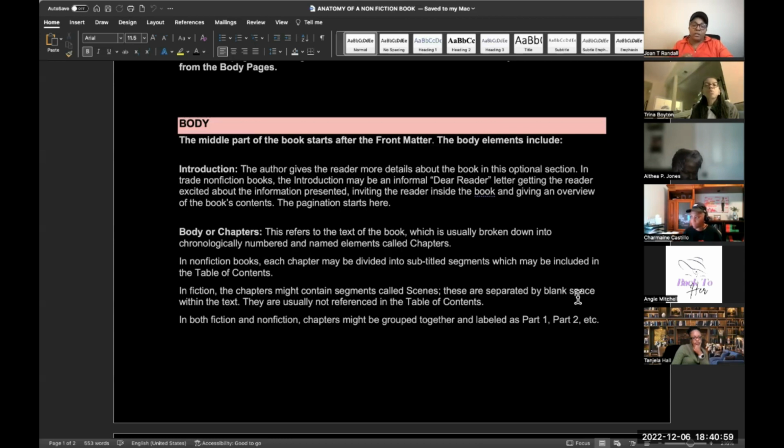In both fiction and nonfiction, chapters might be grouped together and labeled as part 1 and part 2. And that's what we did with The Image in the Mirror, both of them, right? Because what I noticed is that in this book, there were so many stories that were similar.